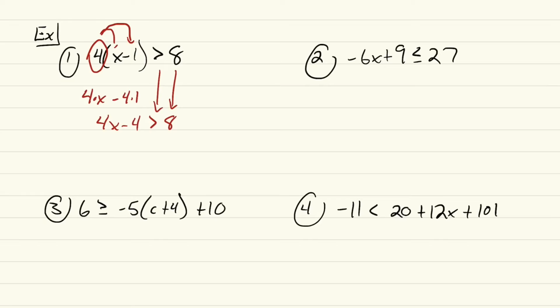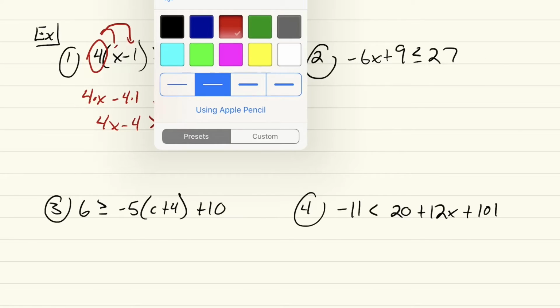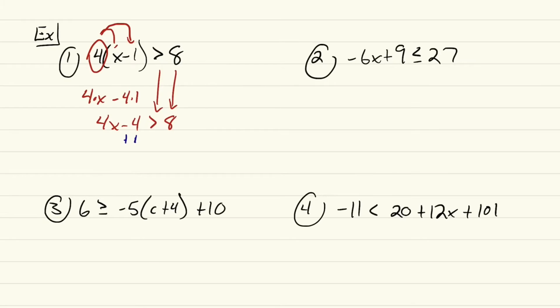Now that we have 4x minus 4 is greater than 8, we will use addition and subtraction first. So we're going to add 4. And then we get 4x is greater than 12. Our last step is to divide by 4. And that leaves me with x is greater than 3. All right.